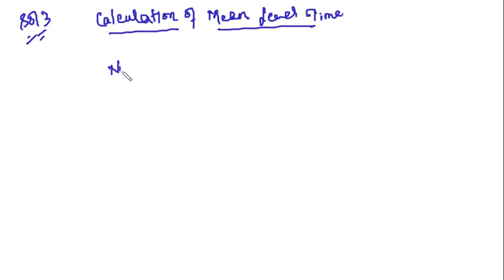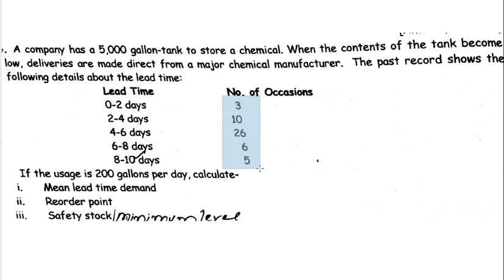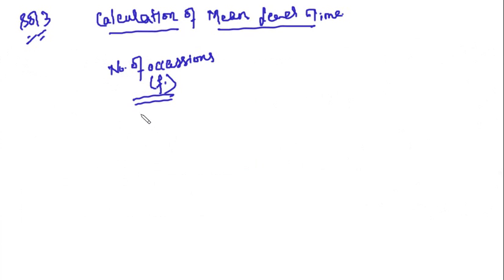Now, first of all, we'll take number of occasions. This is our frequency, that is F. Now, number of occasions is 3, 10, 26, 6 and 5. So, we'll write this down. 3, 10, 26, 6 and 5. Now, what is the lead time?